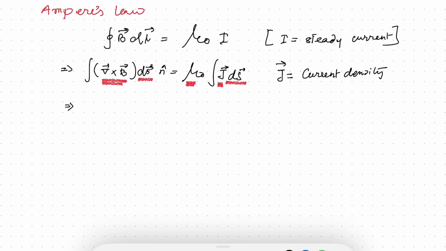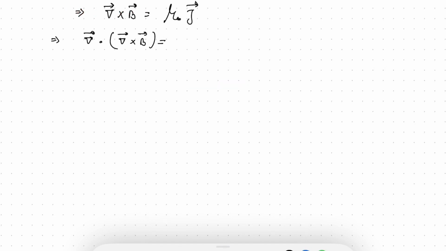Now taking divergence on both sides, we can write del dot del cross B is equal to mu naught del dot J. That's what we get.